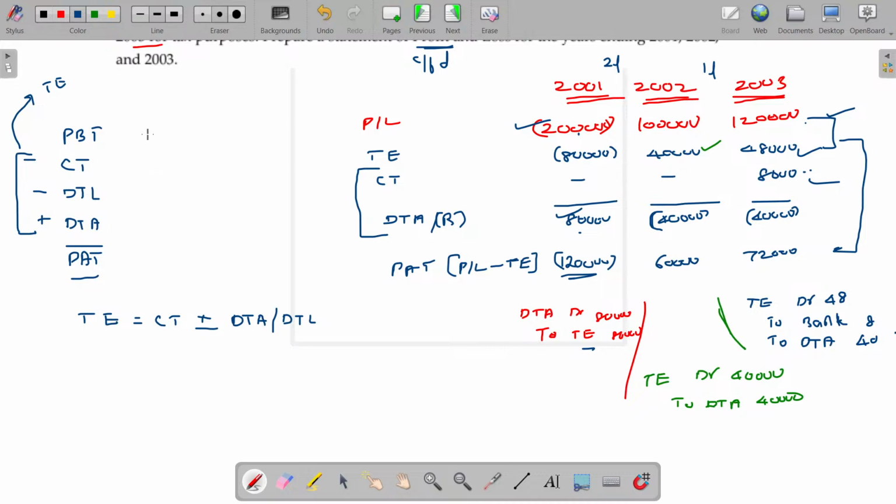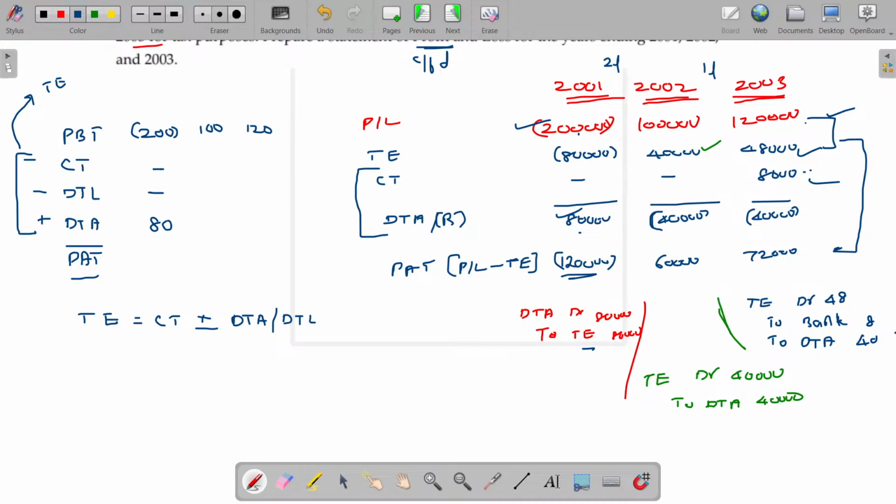In the very first year, 200 loss. Second year, 100 gain. Third year, 120 gain. You better understand this format. This is how I solved it in my Singar Academy material. DTA being 80. In the second year, we don't have these two.